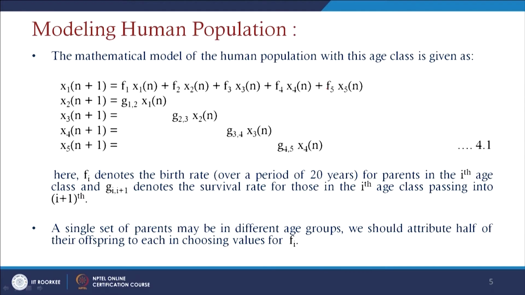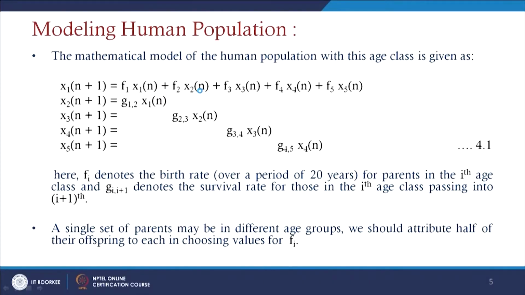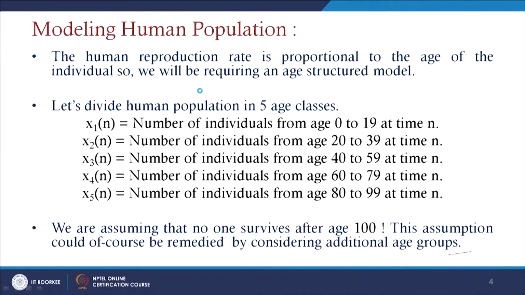This means that within the 0 to 19 group, some people can also be fertile and produce babies. And x2n means those in the age group from 20 to 39 are also producing, or can give birth to children whose age will lie between 0 to 19.